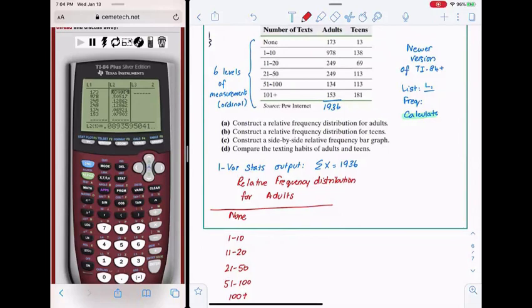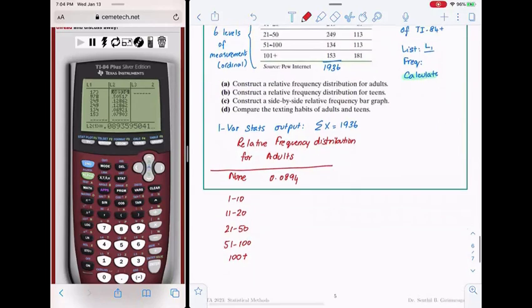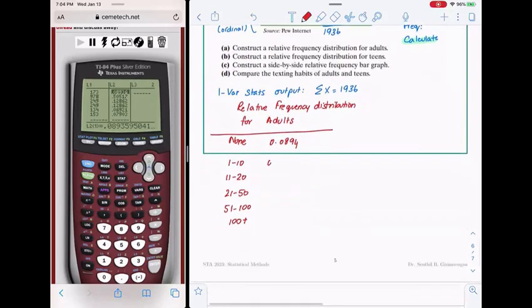So none is 0.0894. 1 to 10 is 0.5052. 0.1286, 0.0692, 0.0790.